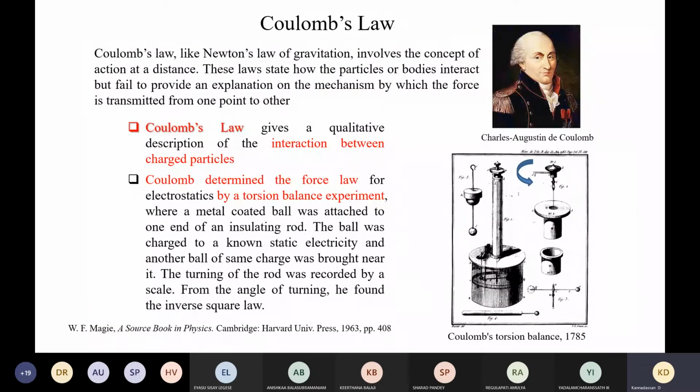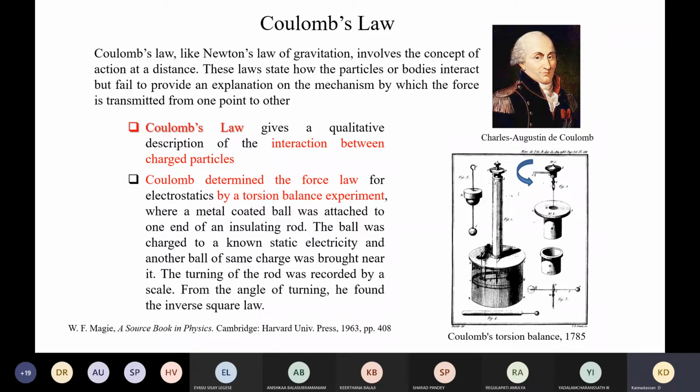The very first law we are going to study is Coulomb's law. You can also find on some social media that Coulomb simply copied the idea of the law of gravitation. Actually, that was not true. Even well before Coulomb's law was spelled out in 1785 itself, many people had claimed about that.